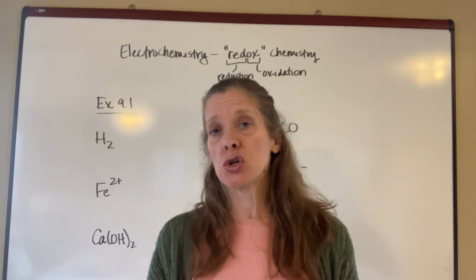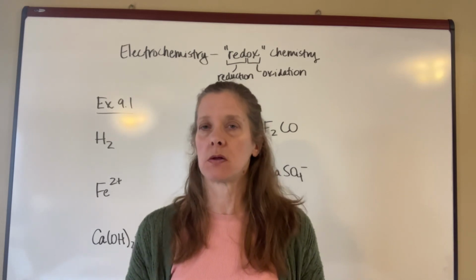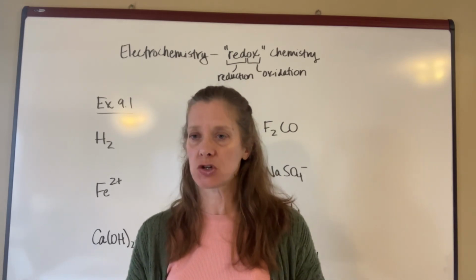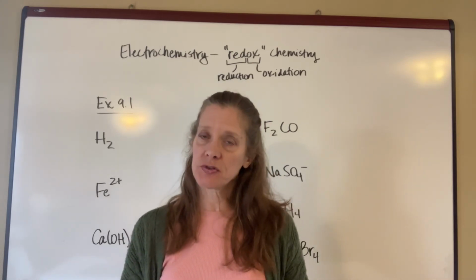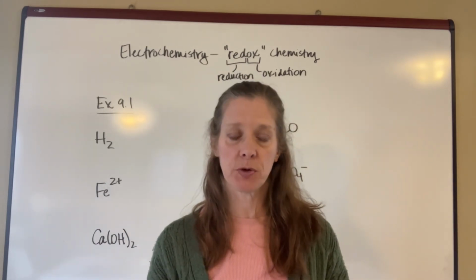But what they do is help us understand the chemistry behind what's going on in a lot of these electrochemical reactions. Again, we covered this in your first year course, so if you're a little bit rusty, we'll go through some examples to help you remember.